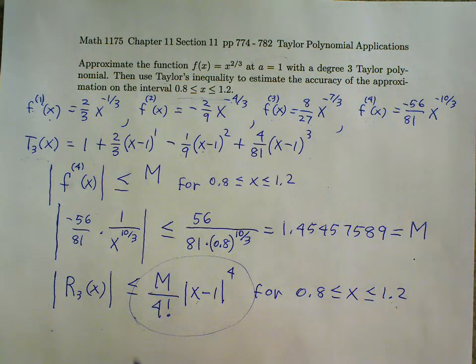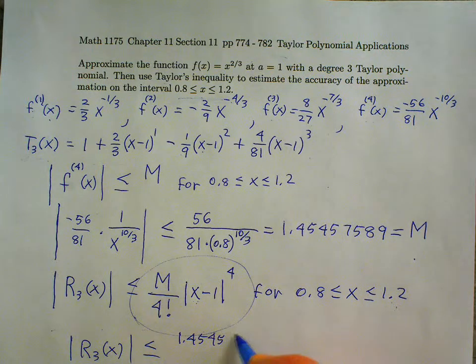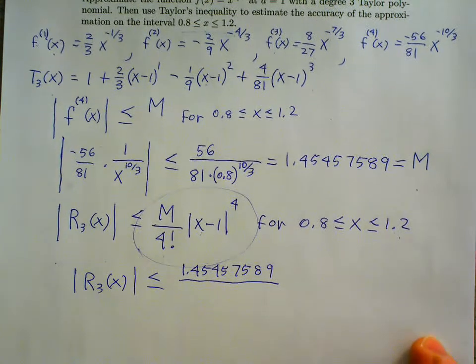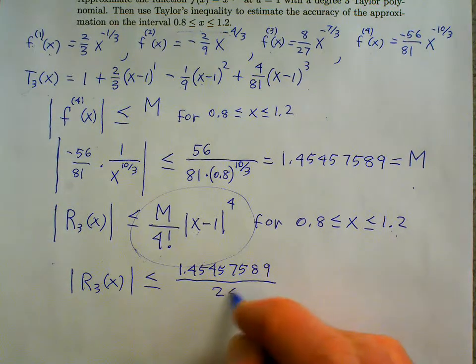So this will be less than or equal to the number 1.457589 over 4 factorial. Let's see, 4 times 3 times 2, that's 24.